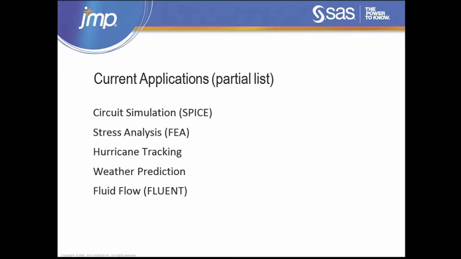That's a kind of computer simulation. Hurricane tracking is done using computer simulation models. And fluid flow around a barrier is another important thing. I'm sure that, well, I won't mention one of our customers that uses a lot of fluid flow stuff.